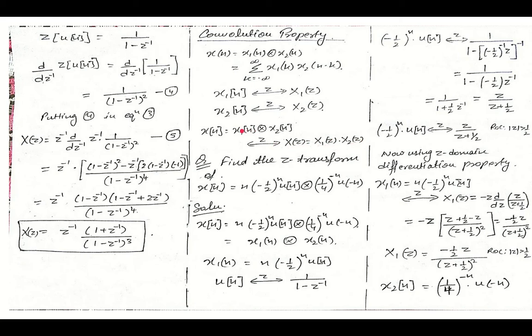That is, the Z transform of x1[n] multiplied with the Z transform of x2[n]. So this is utilized in the Z transform.